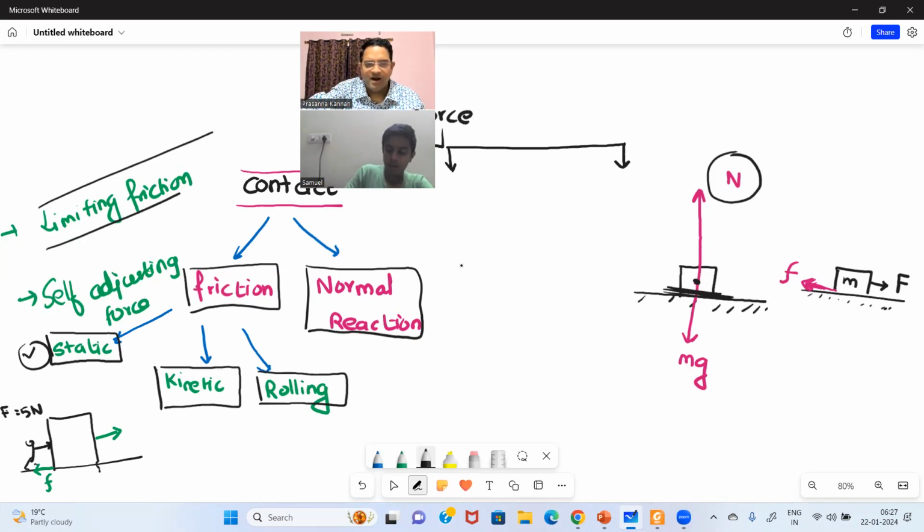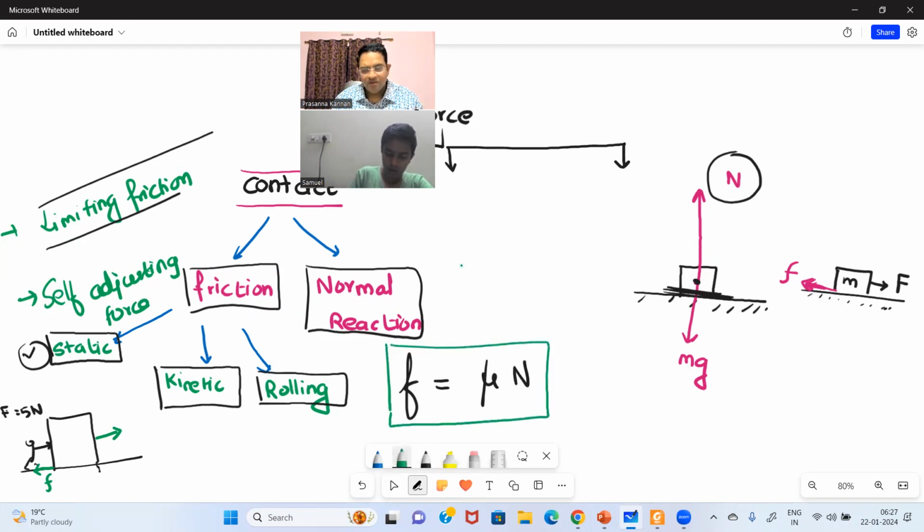And there is a relationship between the two contact forces, friction and normal reaction. They are related by this equation: F is equal to mu N. Friction is equal to mu times normal reaction.